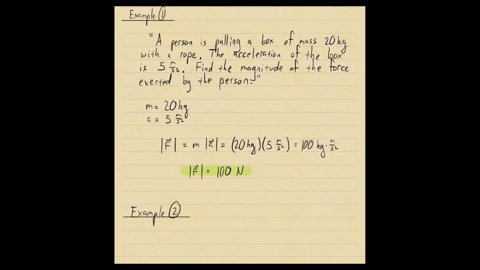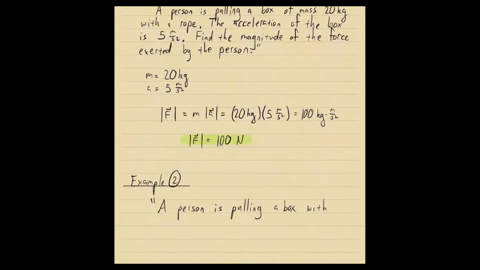For example 2, it says that a person is pulling a box with a force F1 that has a magnitude of 5 newtons.